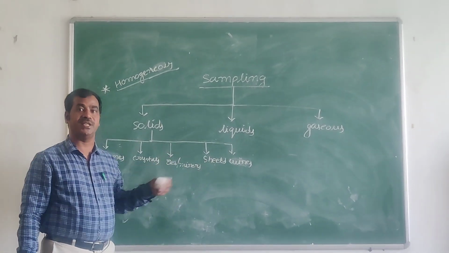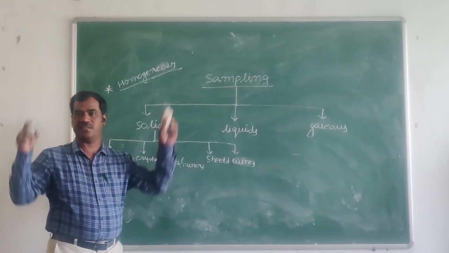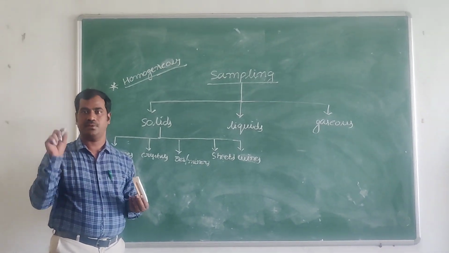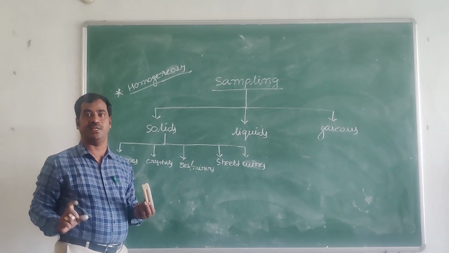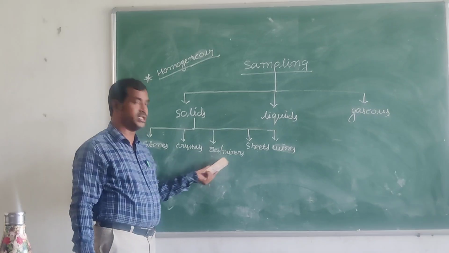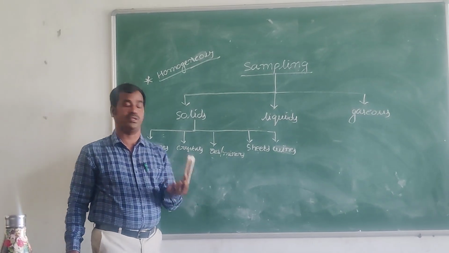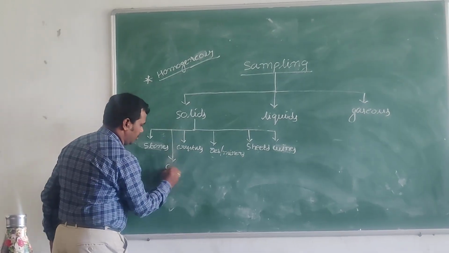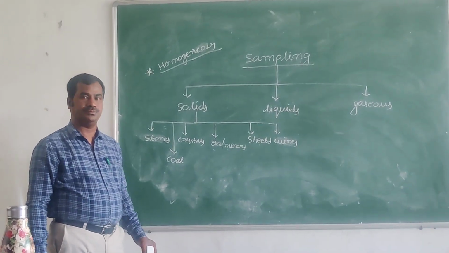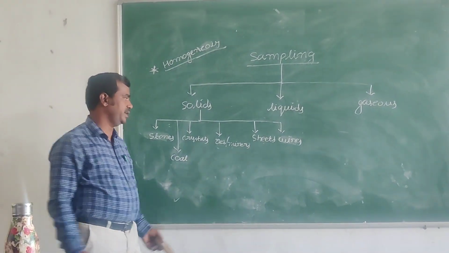These are all solid in nature. Sheets means iron sheets, wood sheets, and wires are iron wires, copper wires. Mostly ores and minerals, mines, coals. Coal is a solid sample. Coal mines. These are all solid in nature.